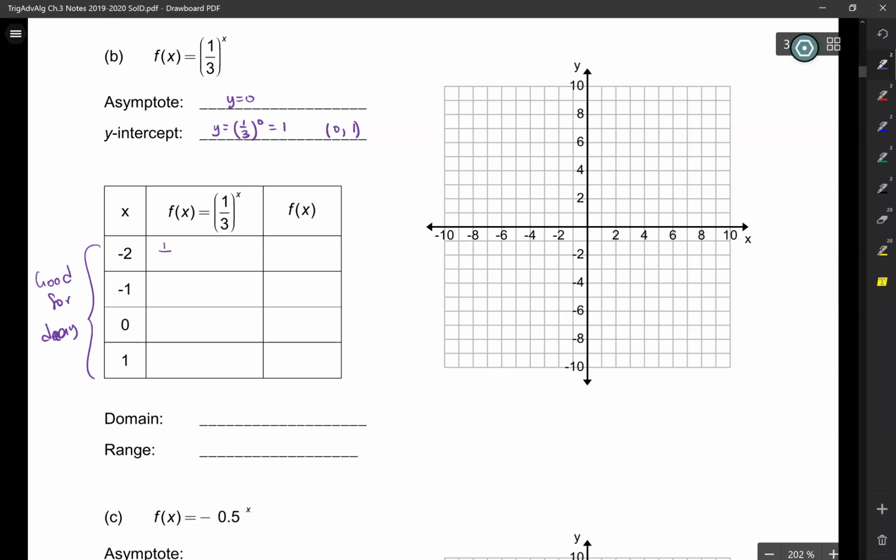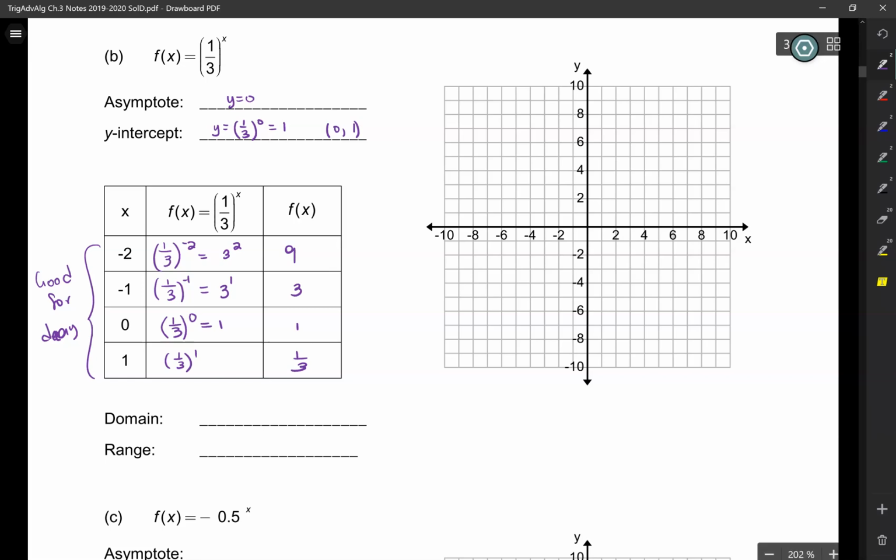Okay, so here I have 1 over 3 to the power of -2. The negative makes it a reciprocal, so 3 to the 2, 9. 1 over 3 to the -1. 3 to the +1, 3. 1 over 3 to the 0, 1. 1 over 3 to the 1, 1/3.